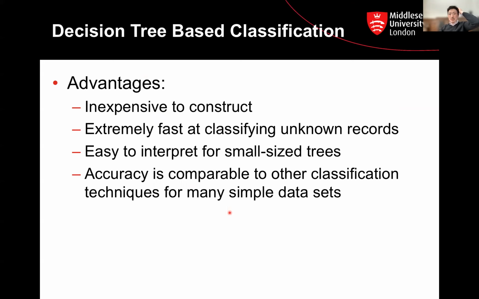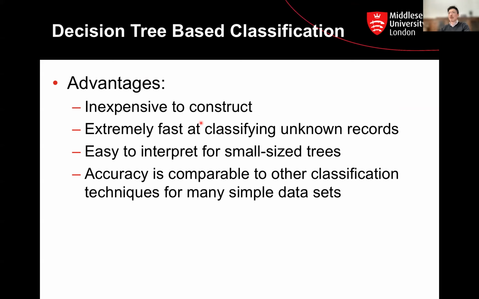Okay, and so in terms of the advantages or the benefits of using a decision tree, it's inexpensive to construct. So as we see, it's relatively simple and quite fast. And very fast at classifying unknown records. So if you have a new data record, you want to know the class, you just need to follow the tree to one of the leaves.